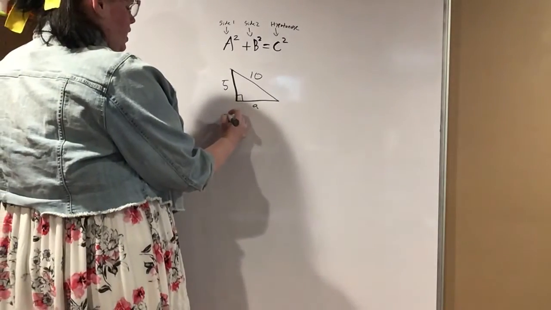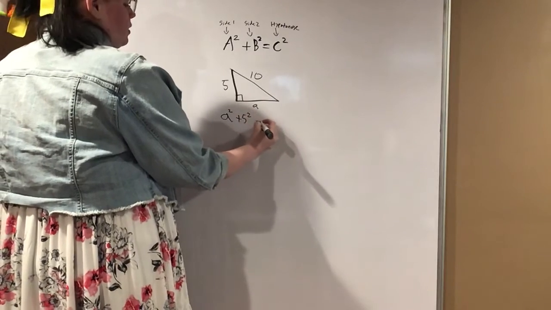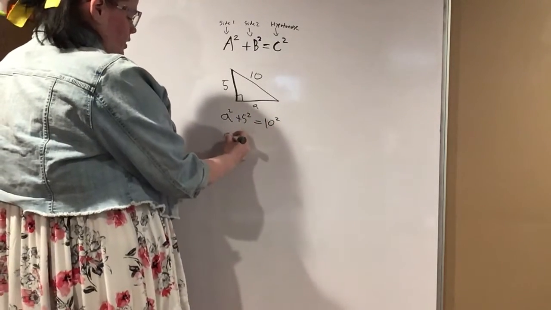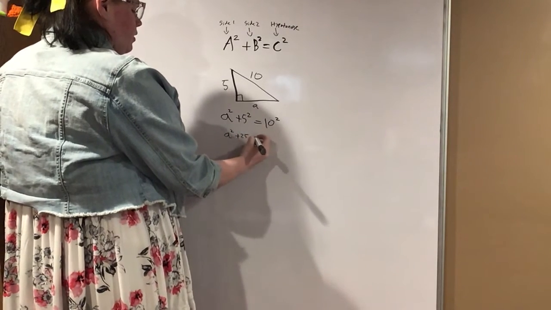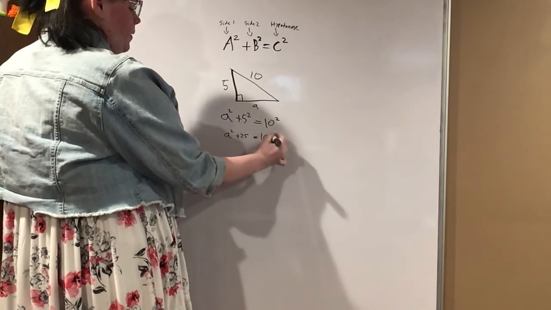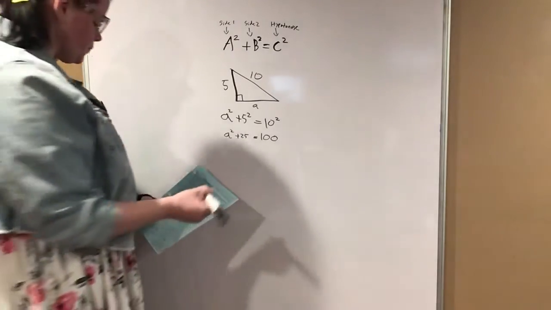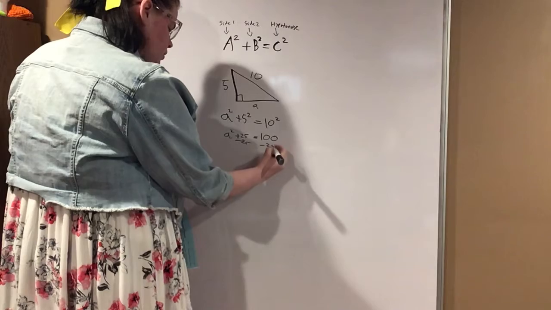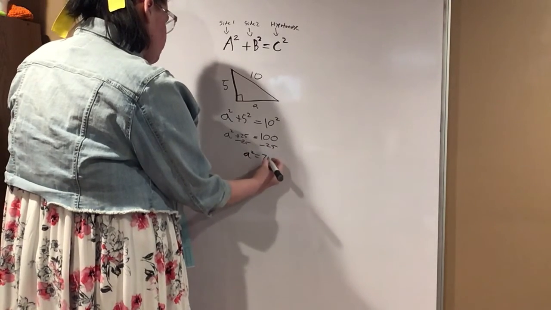So A squared plus 5 squared equals 10 squared. We know that 5 squared is 25, and that 10 squared is 100, right? So now, let's do our subtraction. Minus our 25. So A squared equals 75.